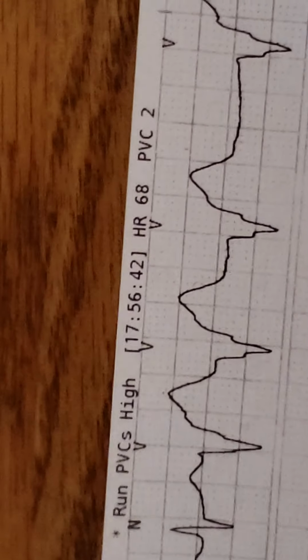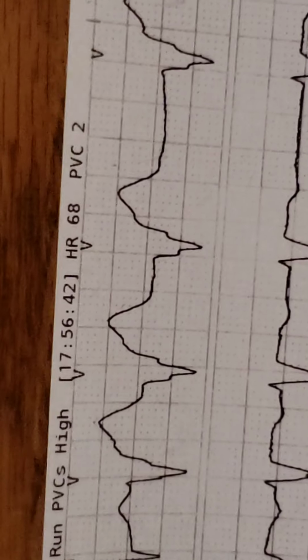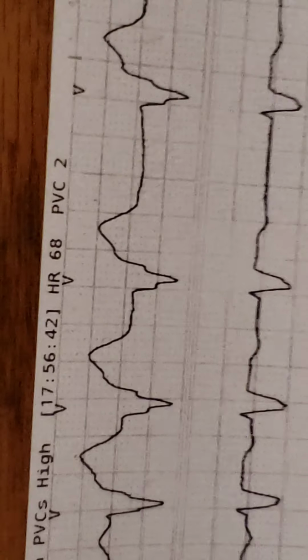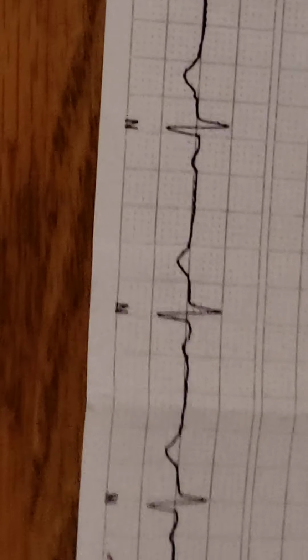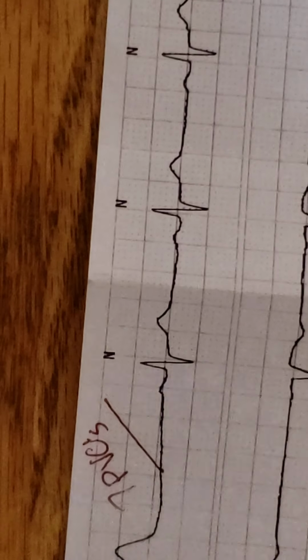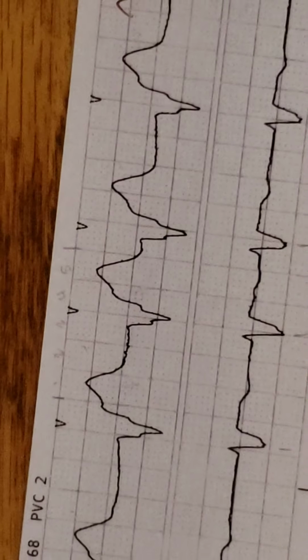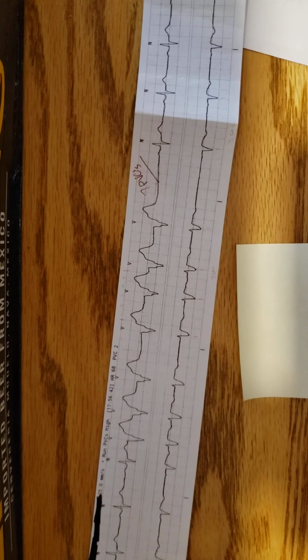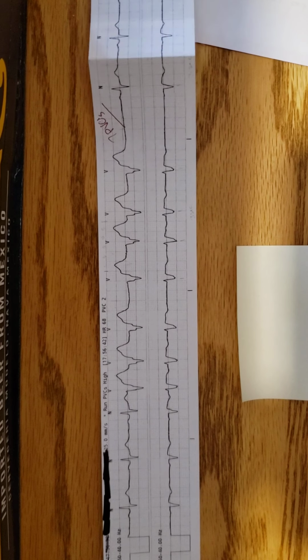So we had a run of 7 PVCs that were unifocal. So that, because it's more than 3, was actually a period of VTAC. So this person has been in normal sinus rhythm with a 6-second run of VTAC because everything else was normal, right? But then they had this one section right here, which was a 6 or 7 second run of VTAC. See that?